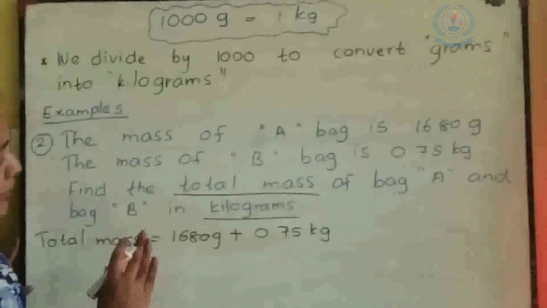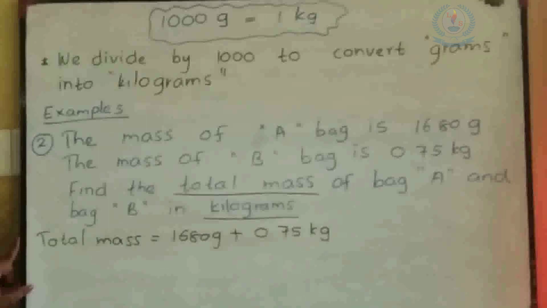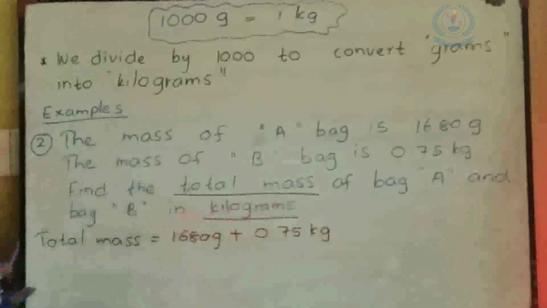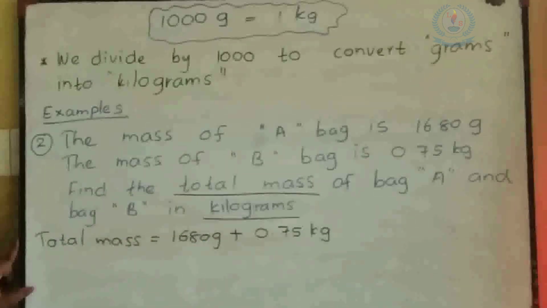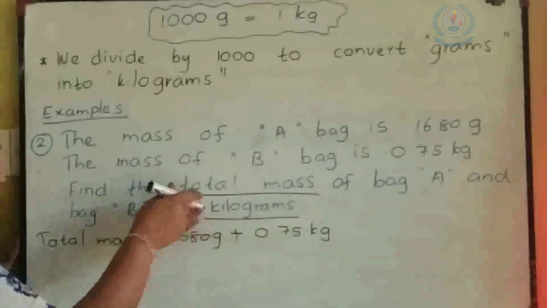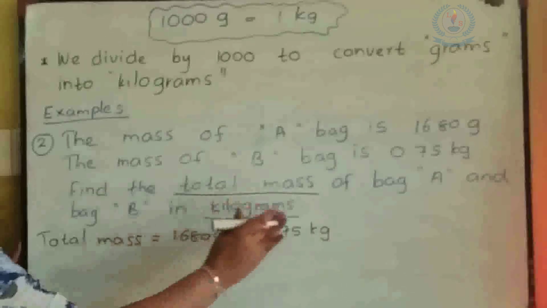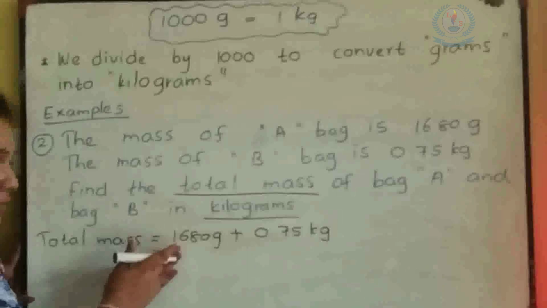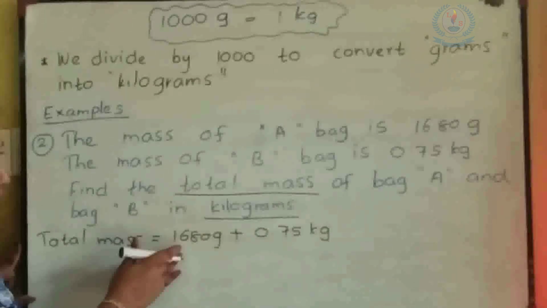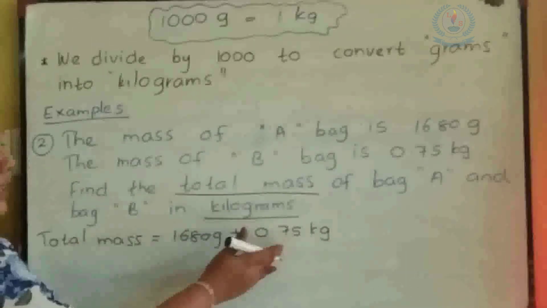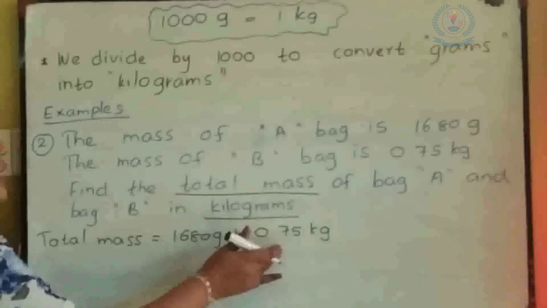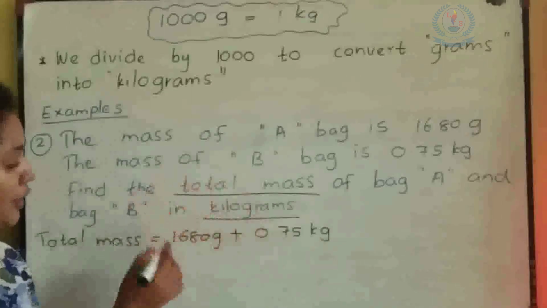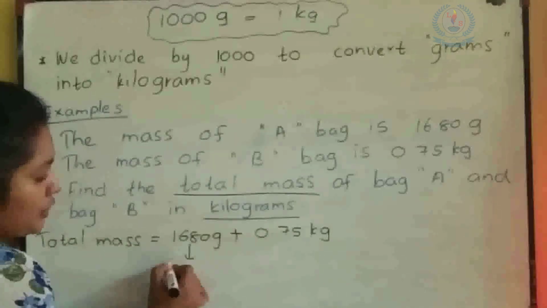In those cases, we have to convert those two values into grams or kilograms, either one. But at the end, they are asking the answer in kilograms. So it's better to convert all values into kilograms. We have to convert this 1680 grams into kilograms. But here, 0.75 is given in kilograms. That means we are not going to make any changes to that value. Now I am going to convert this value into kilograms.